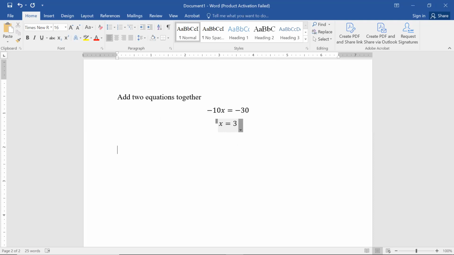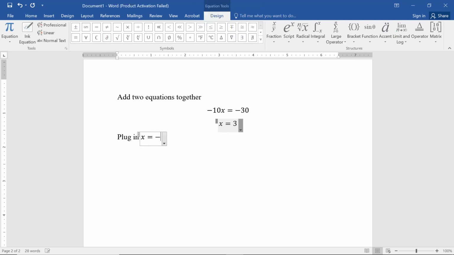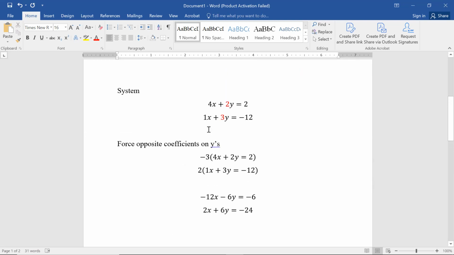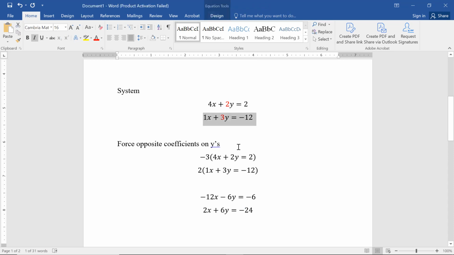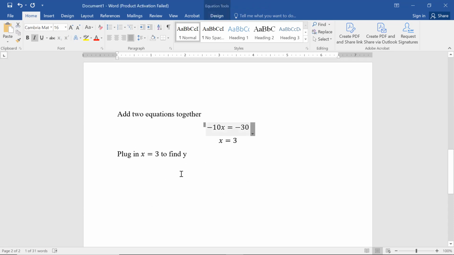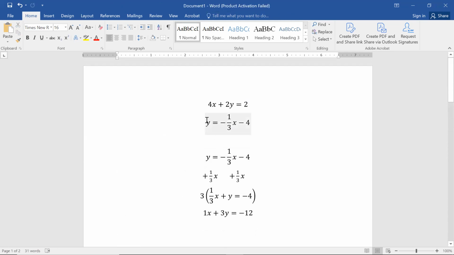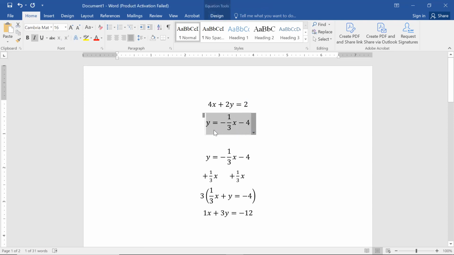Once we find x is 3, the most common way of solving is plug in that x of 3 to find the y. So let's choose one of these. Let's choose the 1x plus 3y equals -12. Or if you wanted to, you could go all the way back up to here. In fact, I think this one's going to be a little bit easier to deal with.